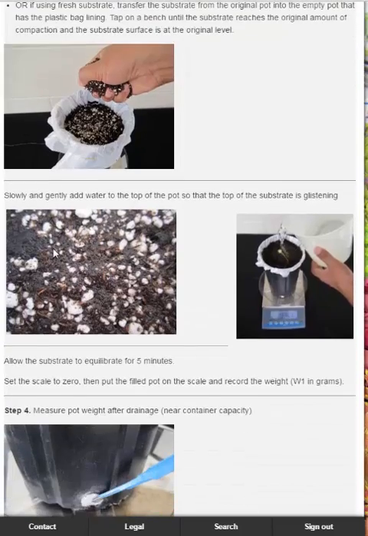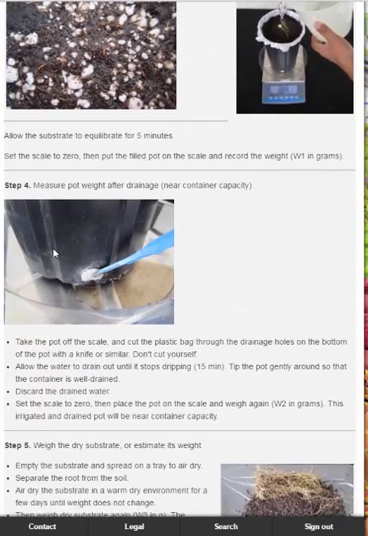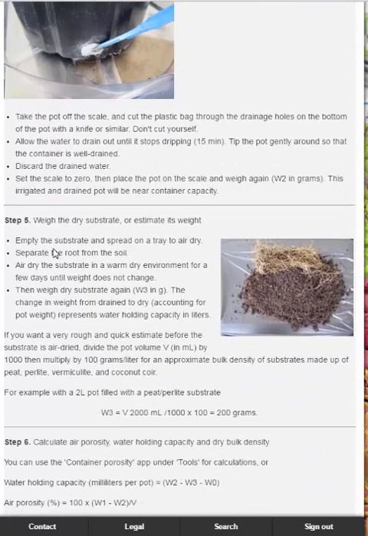We take that weight. We then allow the container to drain by piercing holes into the plastic bag. And we tip the container side to side so that it drains very well. We weigh it again. And finally, we allow our substrate to air dry, and we weigh the dried substrate.